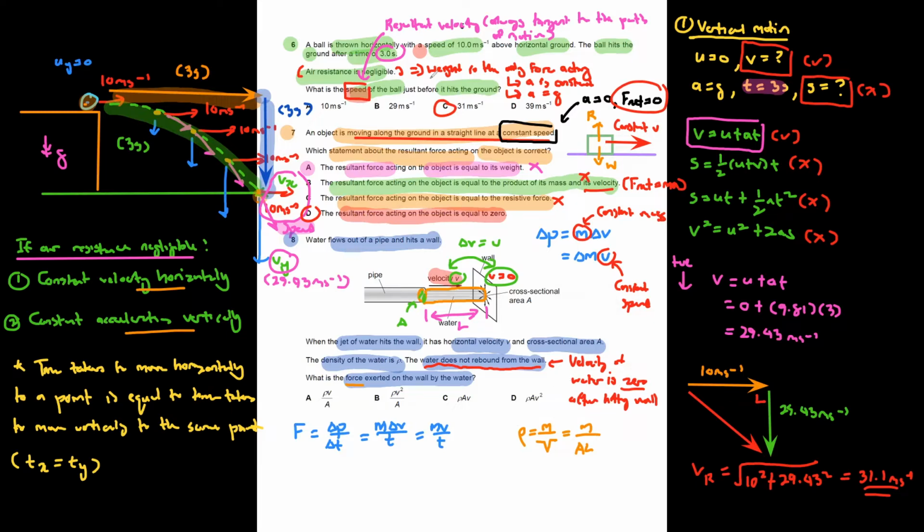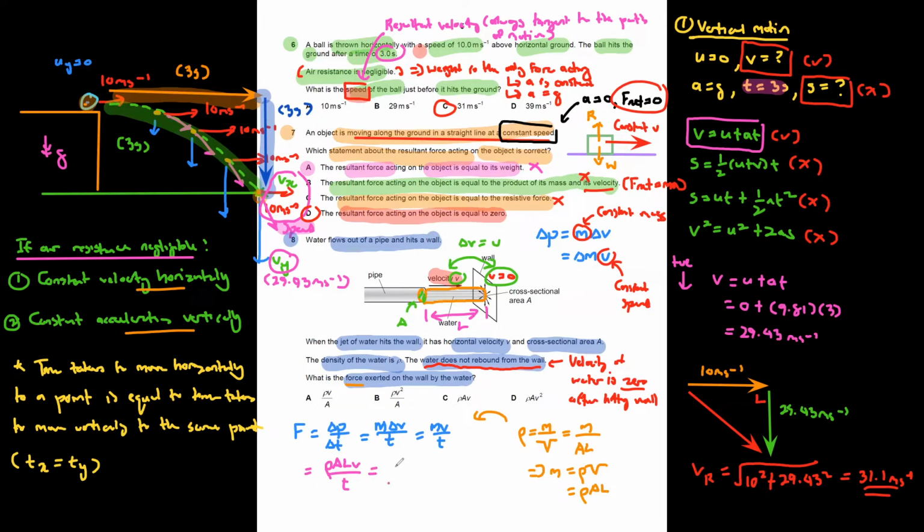So what you want to do is get your mass. Mass is rho V, which in turn is rho AL. So in your case, you sub it in, and you will get rho AL v divided by t.